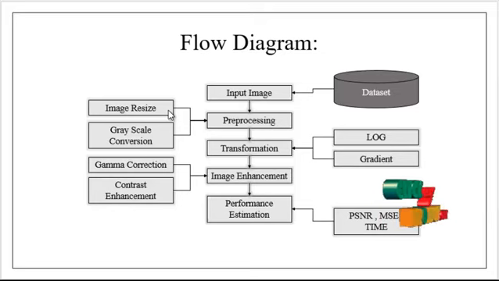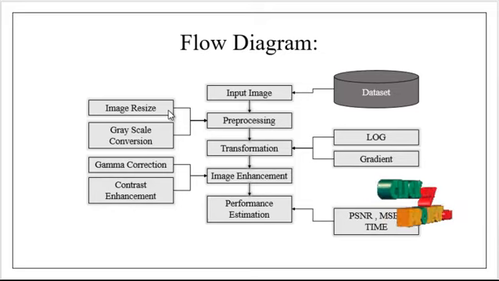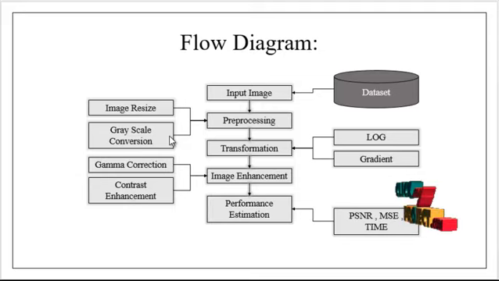After the image resize, the grayscale conversion is carried out. In this conversion, the image is converted into one grayscale form. Basically, the image has three bands, red, green, and blue, so we have to convert it into one grayscale.